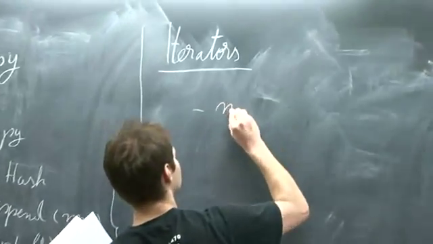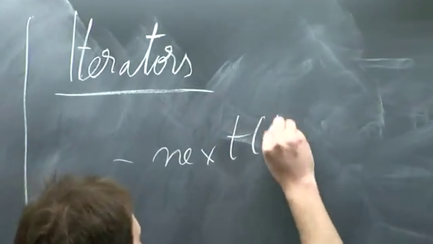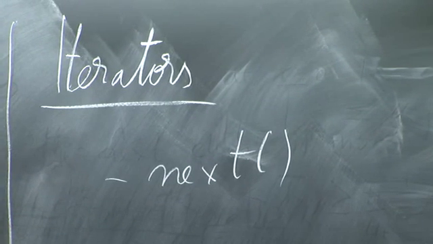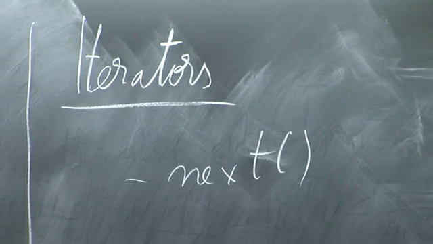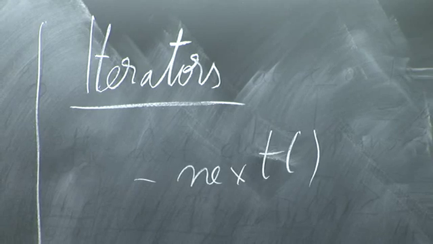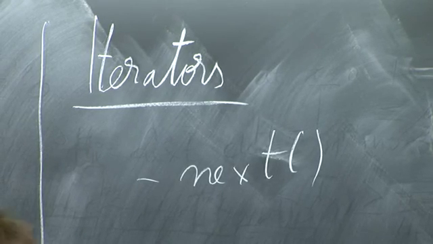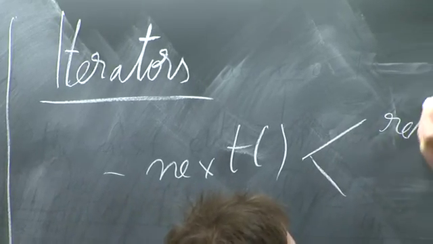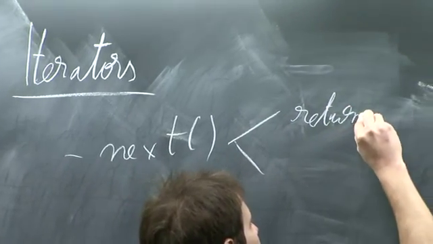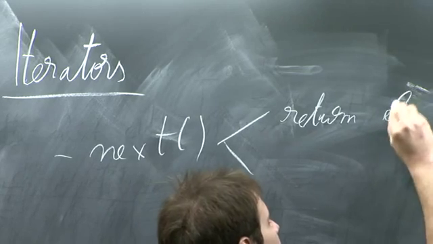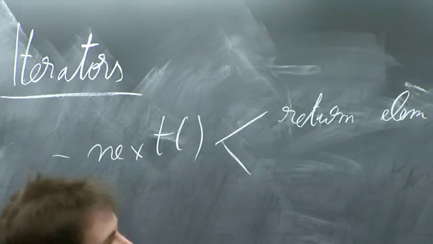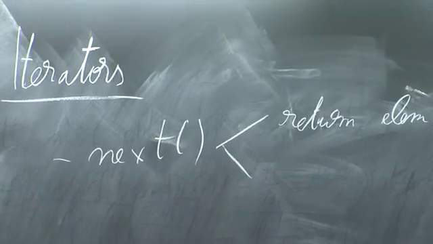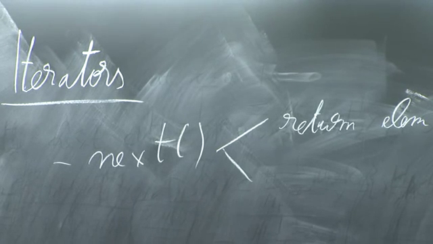OK, let's start with next. That's the fun one. What does next do? It's like pop. OK. In what way? Use the next character. And what happens when you're at the end of the list? It stops.